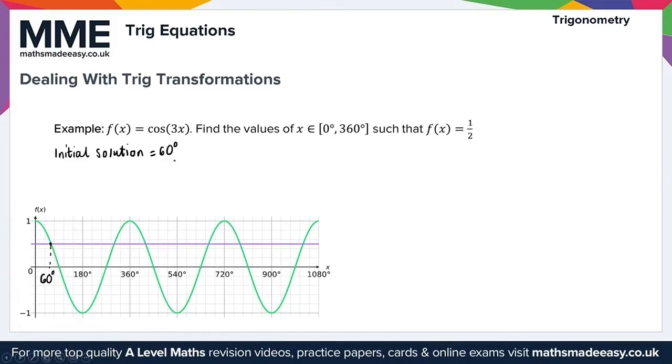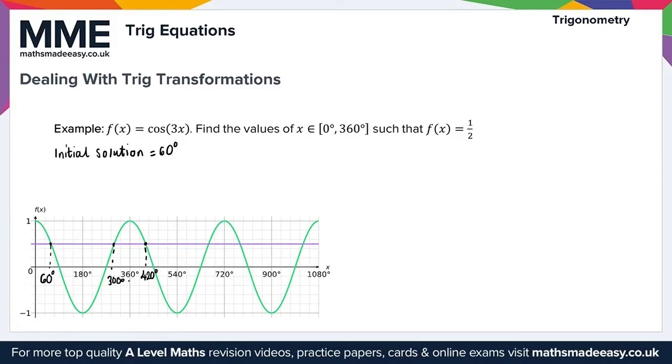We can use the fact that cos x is periodic about 360 degrees to obtain our following solutions. So we're also going to have a solution at 420 degrees. We also have this solution, which is simply 360 degrees minus the 60, so that solution is 300 degrees.